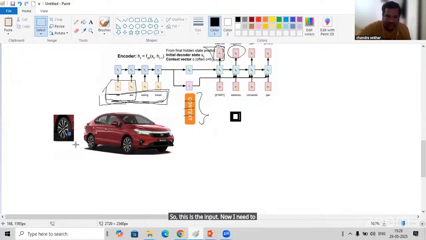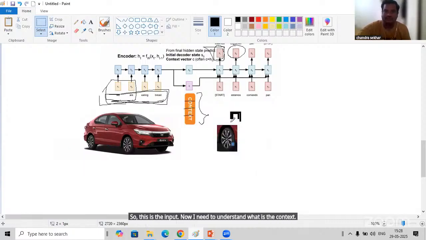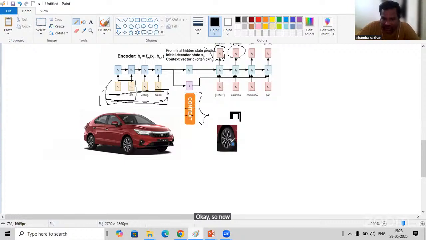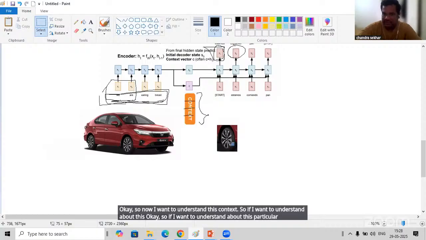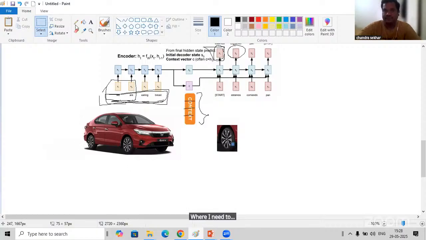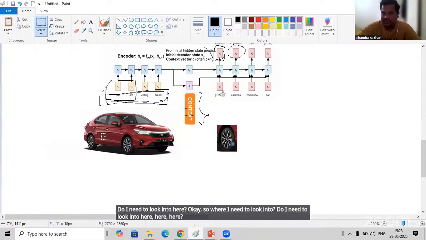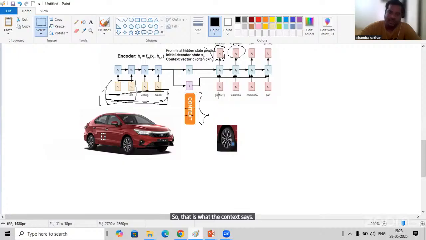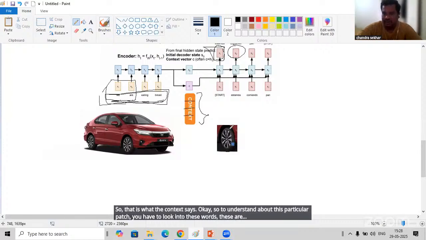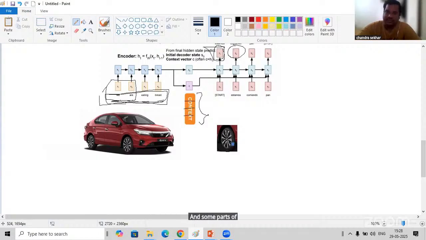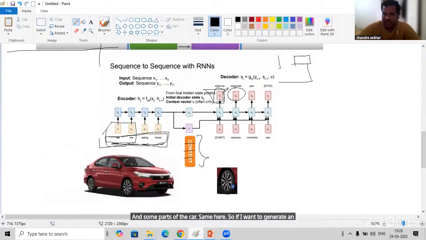Now I need to understand what the context is. If I want to understand this particular patch, where do I need to look? Do I need to look here, here, here? That is what the context is. To understand this particular patch, you have to look into these words, this tire, and some parts of the car. Same here. If I want to generate an output, for this output, which part of the input do I need to look into?